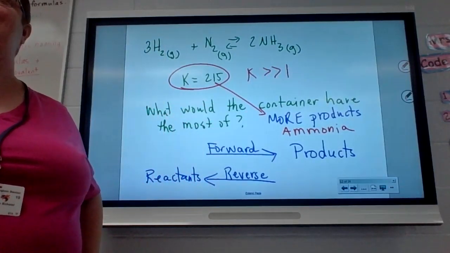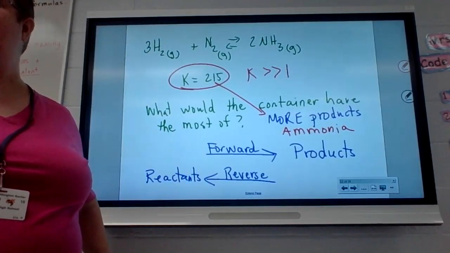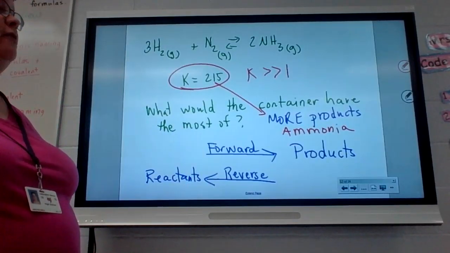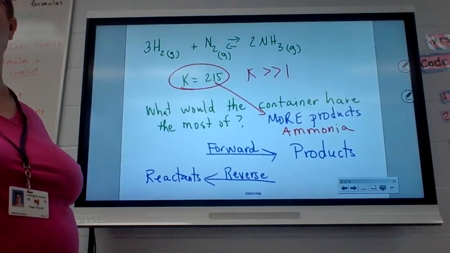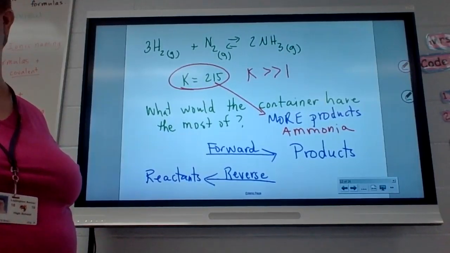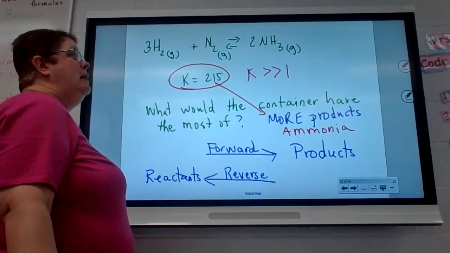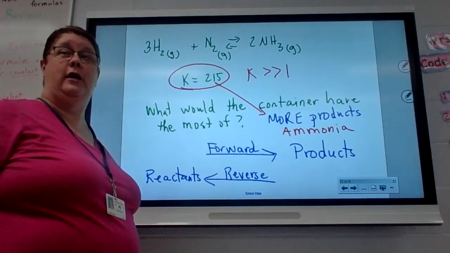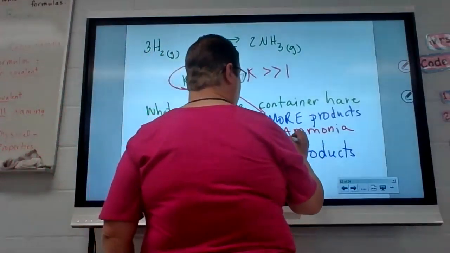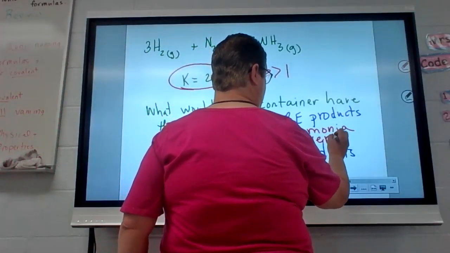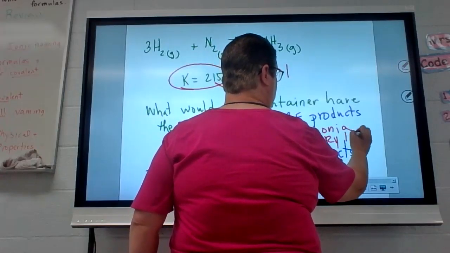If K was much less than 1, it would tell us it was the reactants. Because K is much greater than 1, that's what told us it went to the right and we had a bunch of products. So since we know we have a bunch of products, our container is full of ammonia and we have very little reactants.